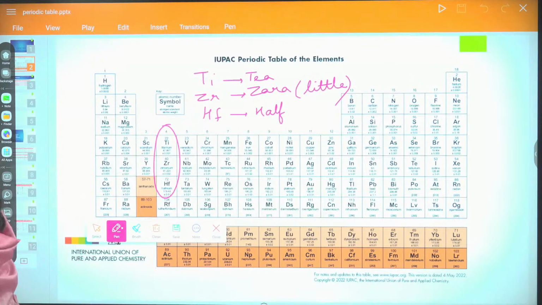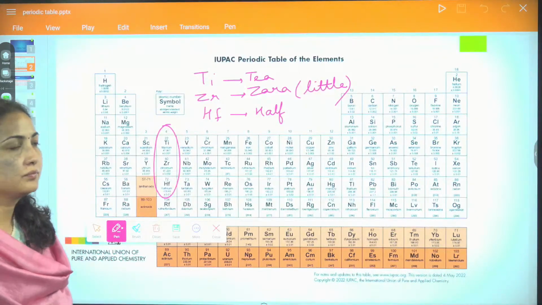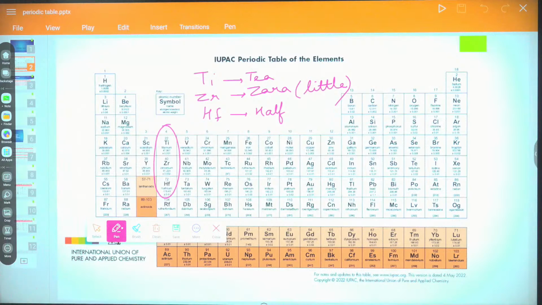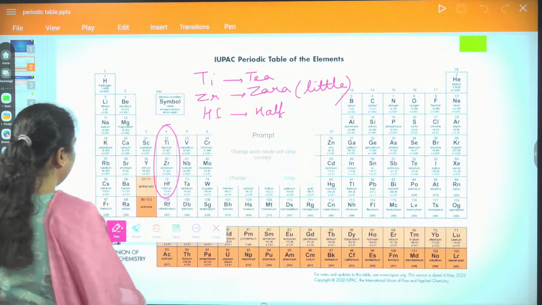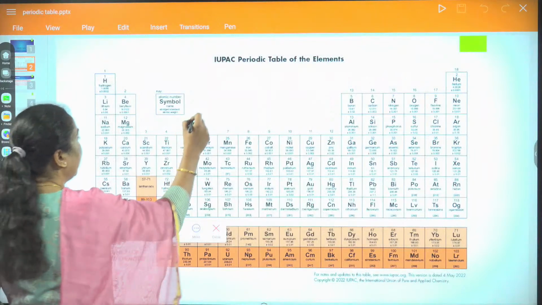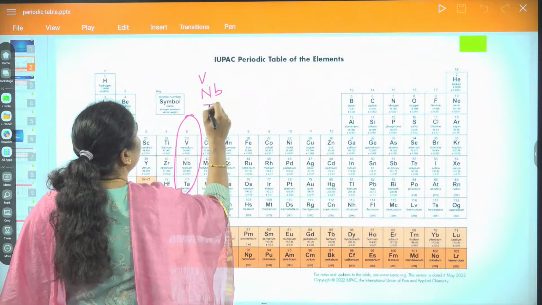Hopefully this is written. Titanium, zirconium, hafnium. Yeah? Okay, good. Now, let us move further. Next is this group 5. Vanadium, niobium, tantalum.